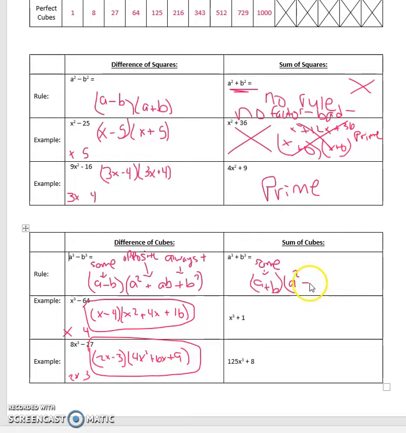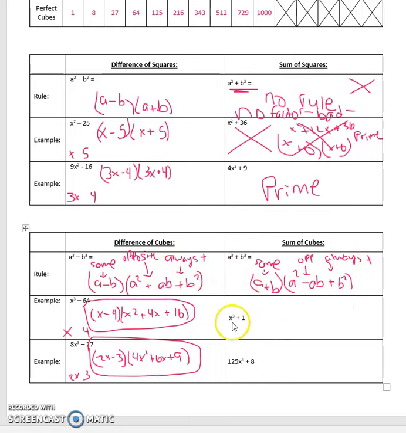A squared minus ab plus b squared. You know why this is like this? Because this is the opposite, and this one is always positive. So it's not really a different rule, it's just flipping the signs.